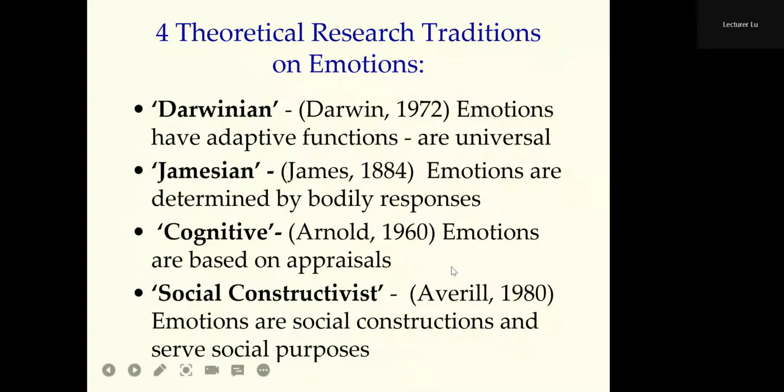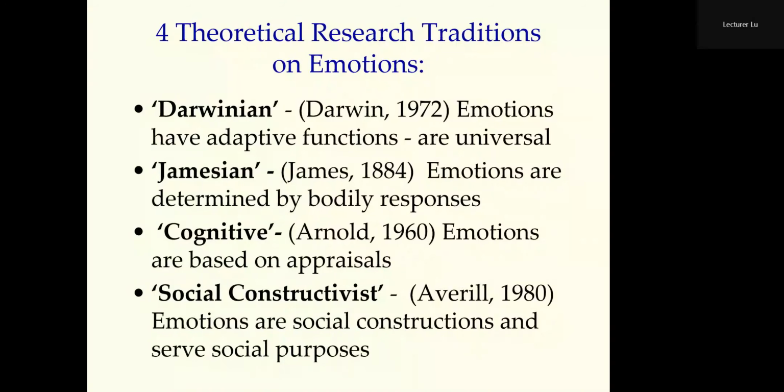Another is the cognitive approach. Emotions are based on cognitive appraisals, because we label our physiological reactions as fear or joy or excitement, and then we feel the emotions. So what determines emotion is not our body reactions, it's our cognitive label, how we name them.